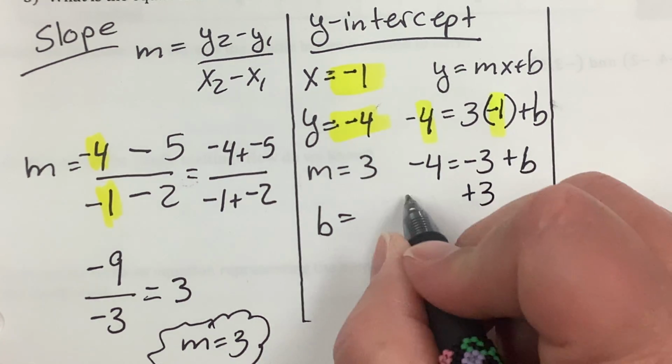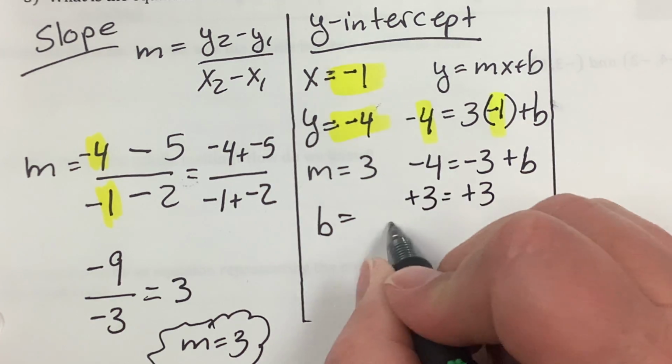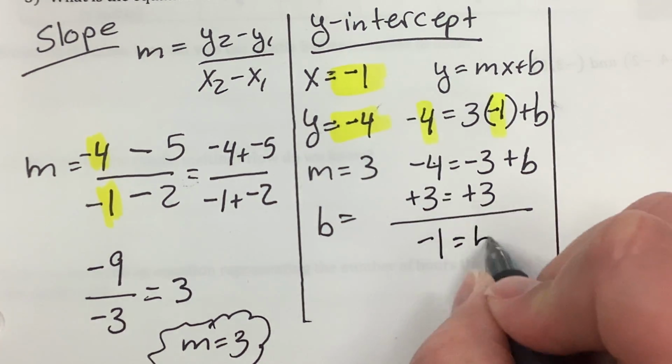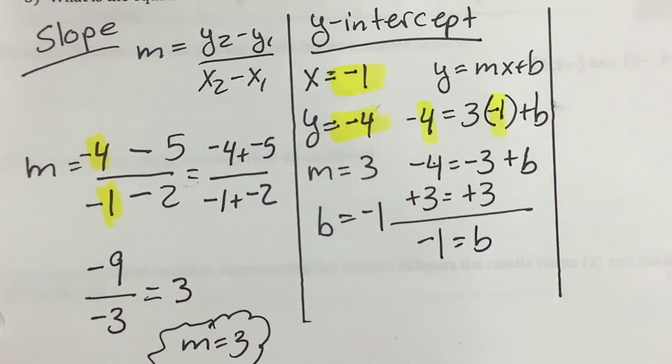Add 3 to both sides. And negative 4 plus 3 is negative 1 equals b. So my b is negative 1.